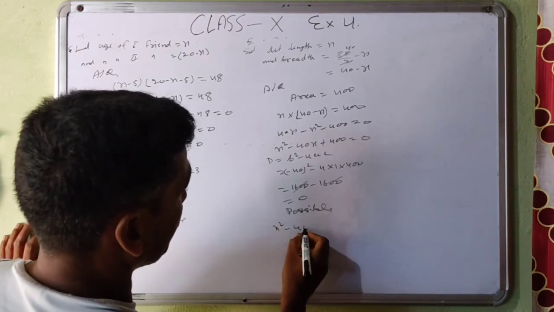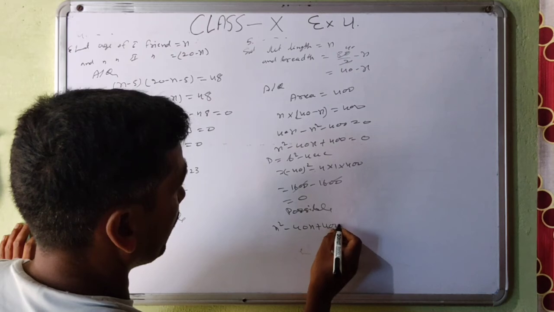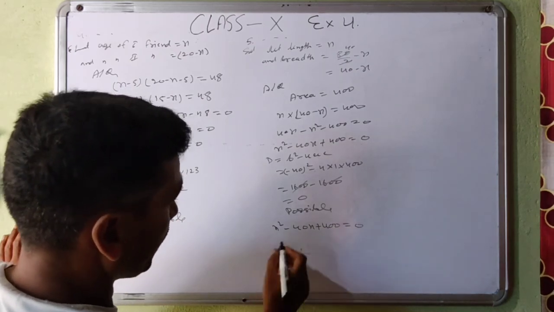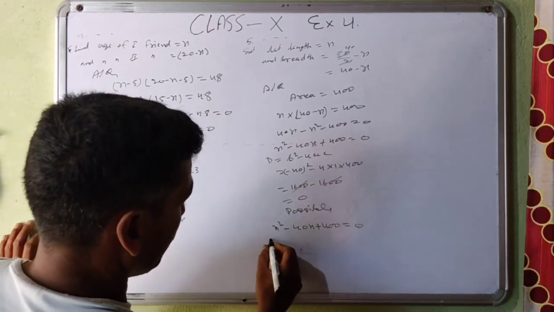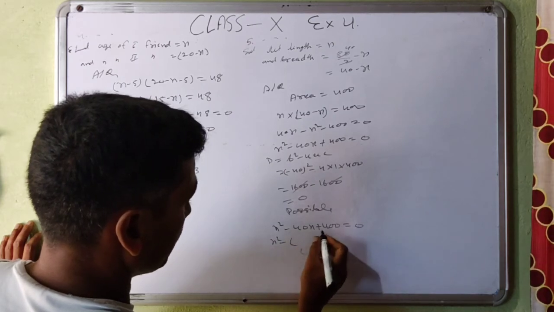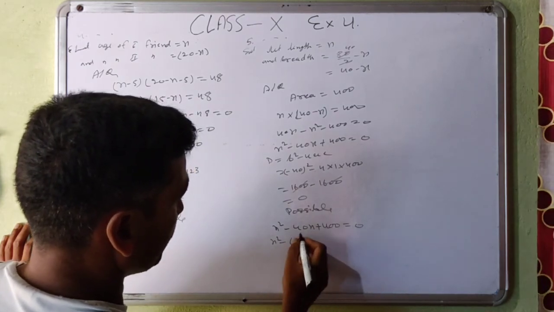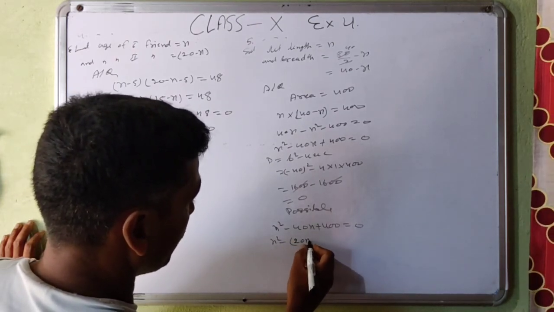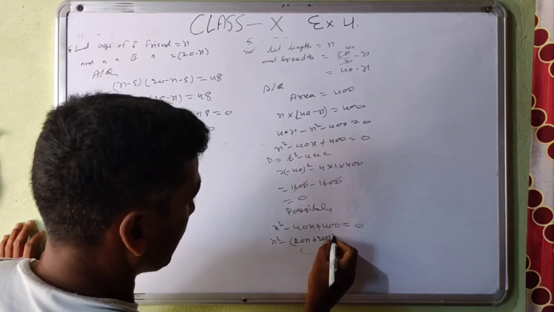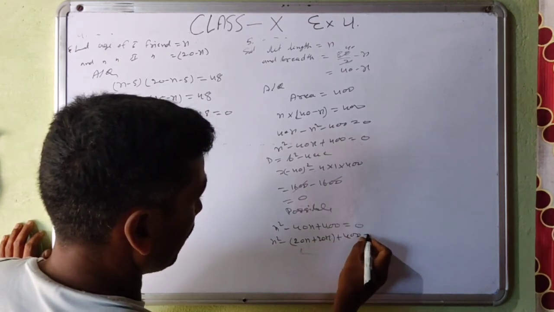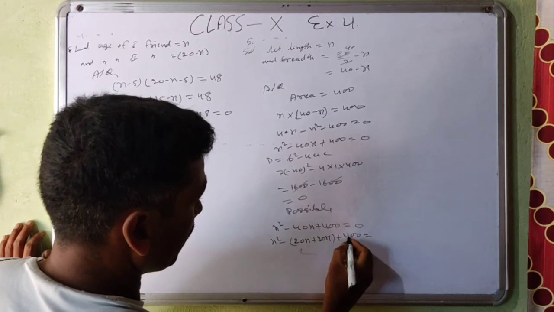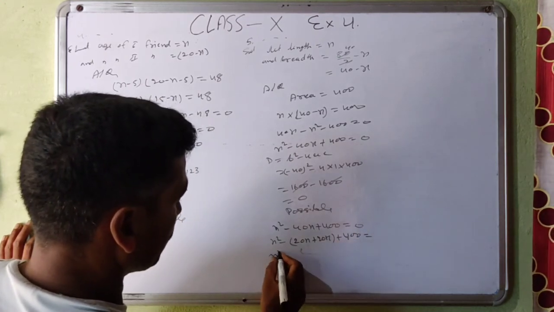x square minus 40x plus 400 is equal to 0, and then we split with the factors of 400, whose sum is 40: x square minus 20x minus 20x plus 400. You can apply another method also.